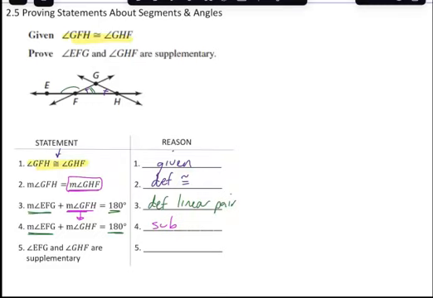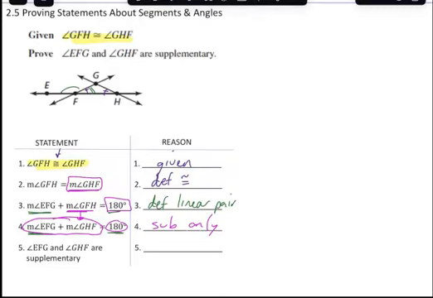And so that's substitution. Anytime we use substitution, it's always good to go back and verify that it's not transitive property. To test that, we look at the left and right side of our equations. Do we have 180 degrees somewhere earlier in our proof? We do. Do we have angle EFG plus angle GHF somewhere earlier in our proof? No, there's no place where that exists earlier. So it can't be transitive property. This is an example of only substitution.